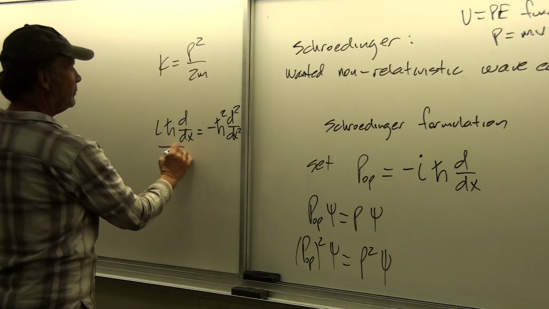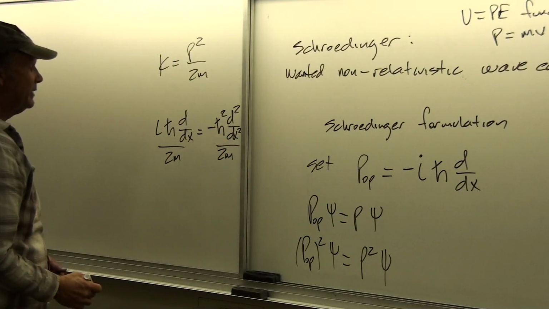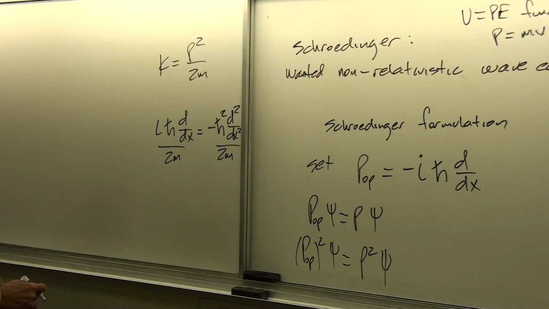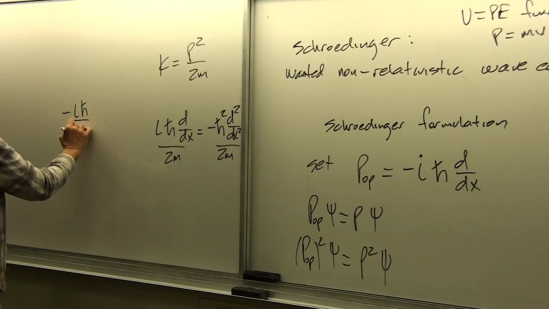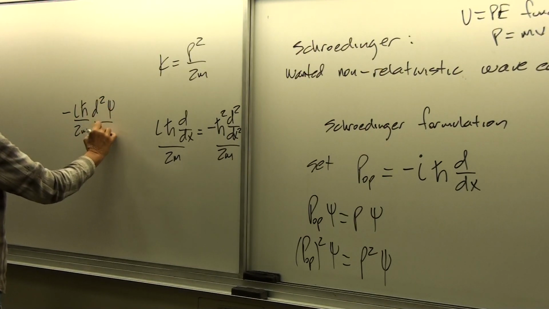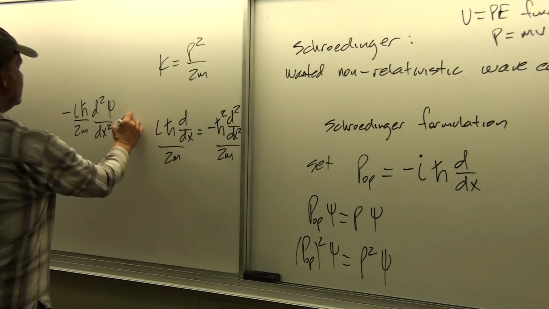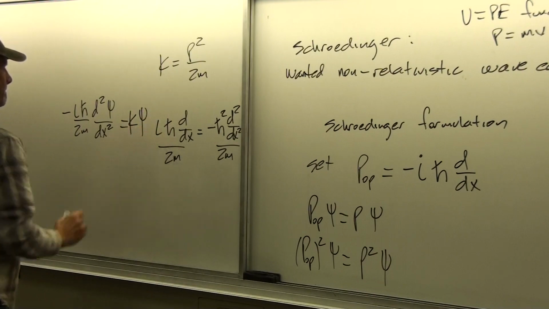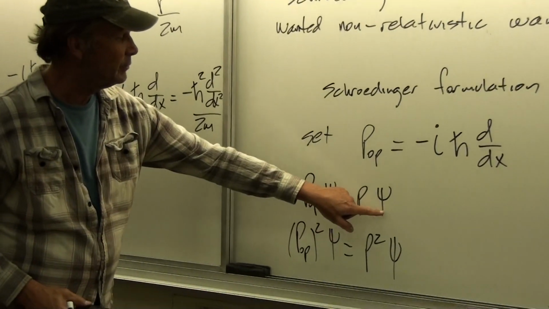Then if we divide that by 2m, then basically what we've got is minus h bar squared over 2m d squared psi dx squared equals the kinetic energy times psi back again. Because each of these p operations is giving us a momentum.